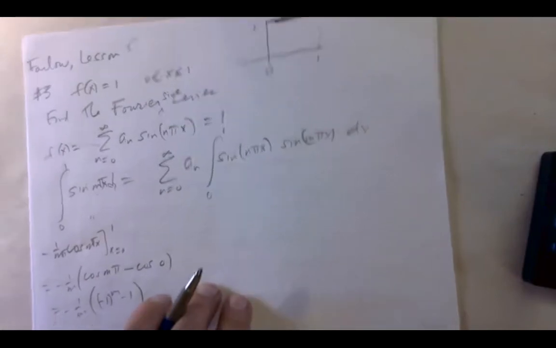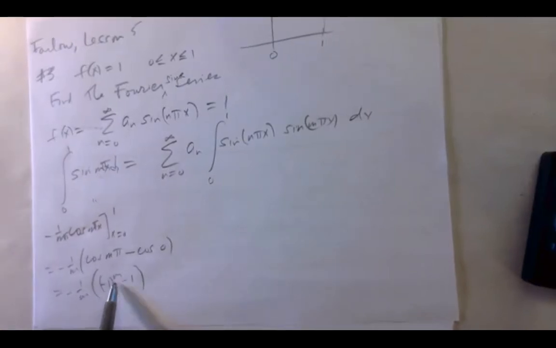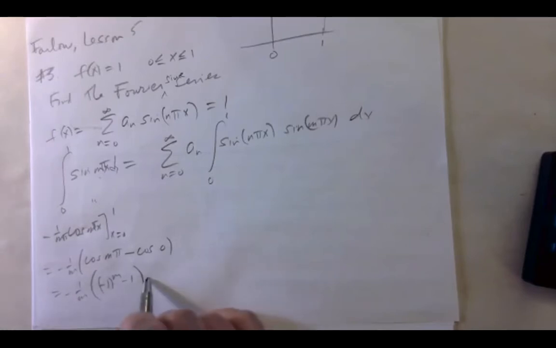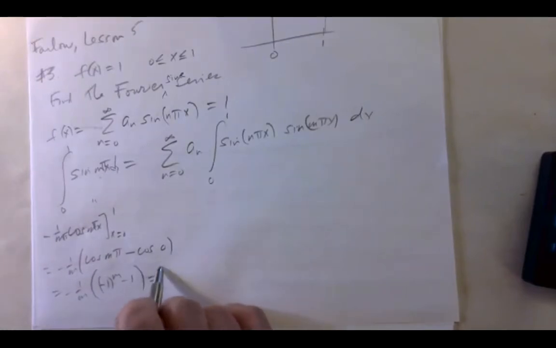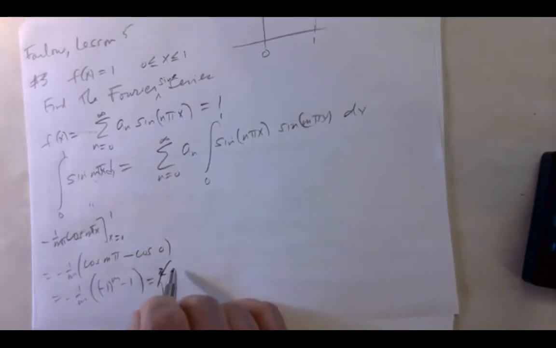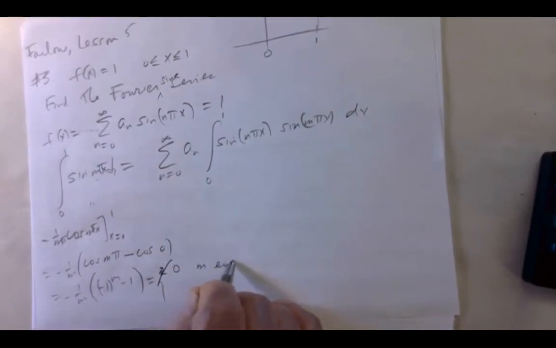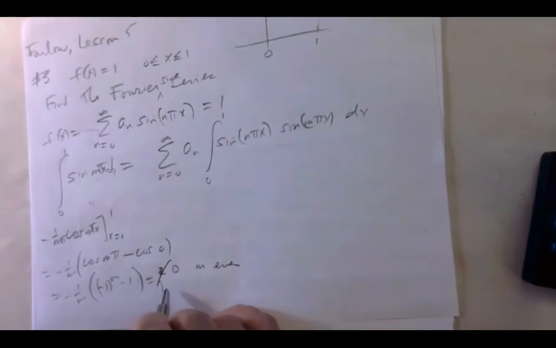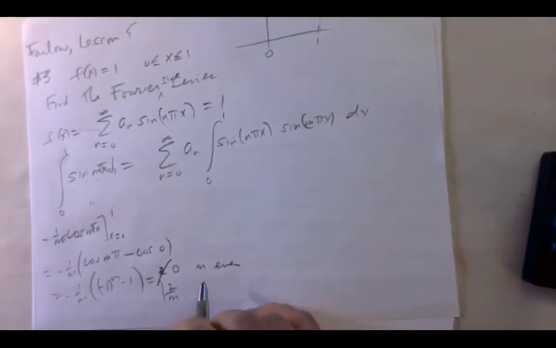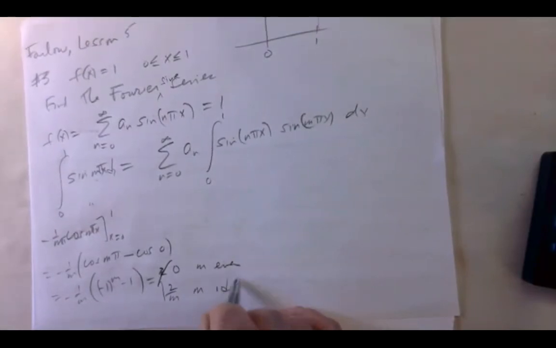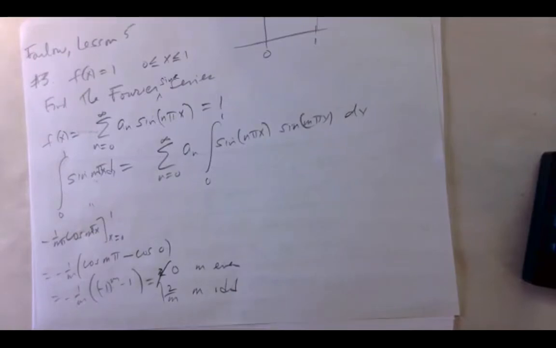So if m is even, this is 0. If m is odd, this is -2. So we get 0 if m is even, and 2/m pi if m is odd.